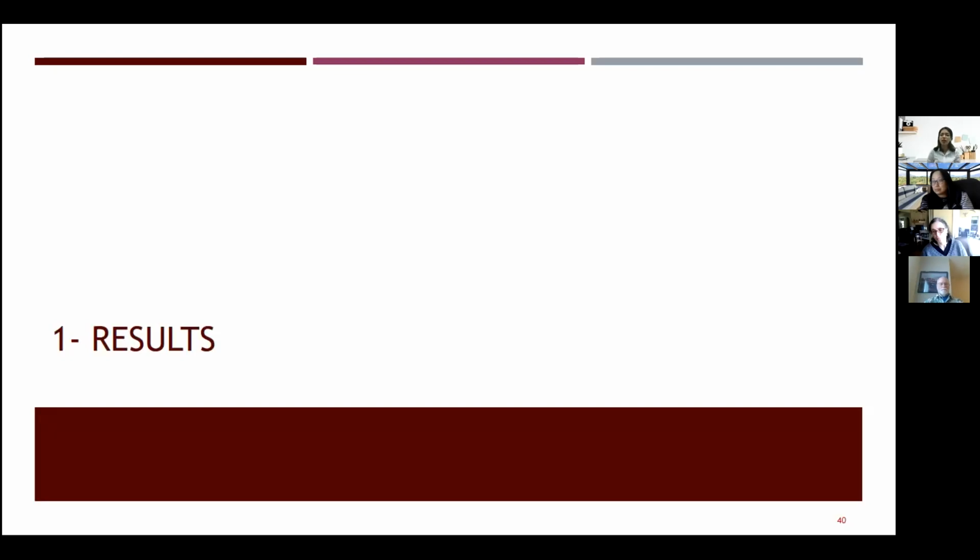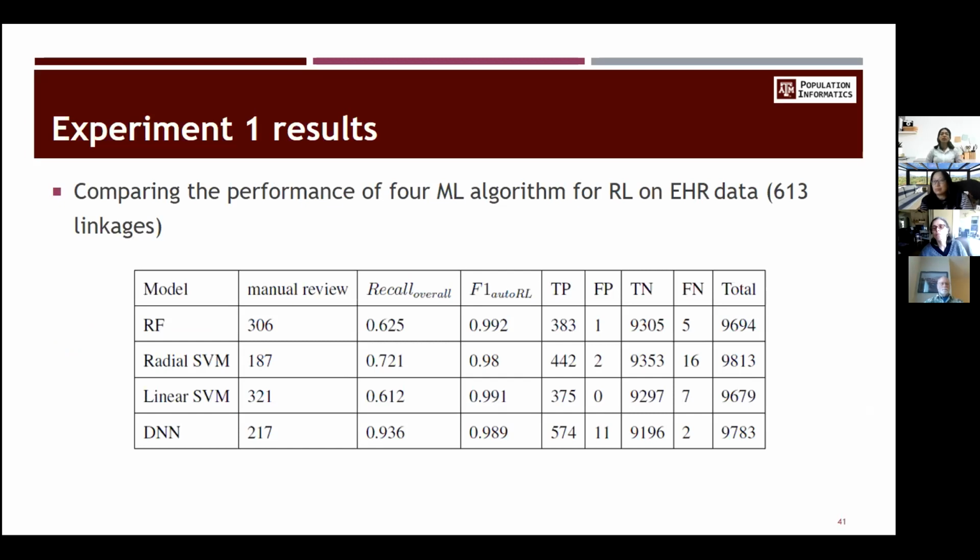These are the results of my research. This table shows the result of experiment 1, which compared different machine learning algorithms on EHR data. As you can see, random forest and linear SVM have the biggest F1 score.